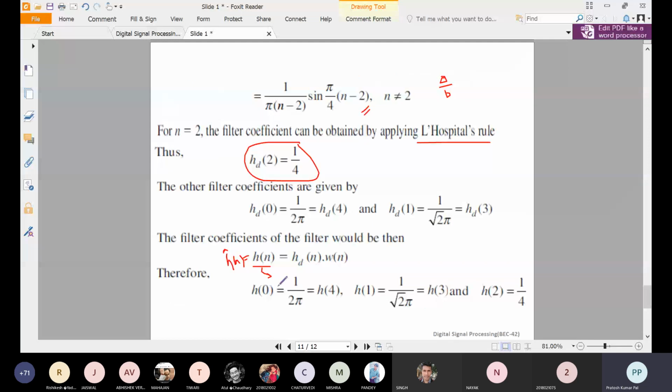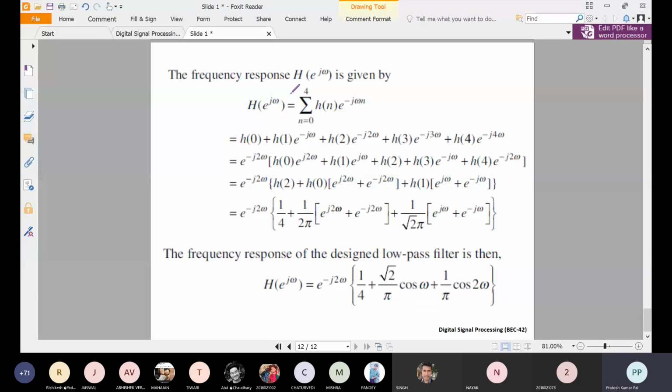From there we can find the coefficients. We can find the different coefficients of hd of n, and also the different coefficients of h of n. H of n is equivalent to h cap of n, or you can say the impulse response of the desired filter. Once we have found the different coefficients of h of n, we can get the frequency response.